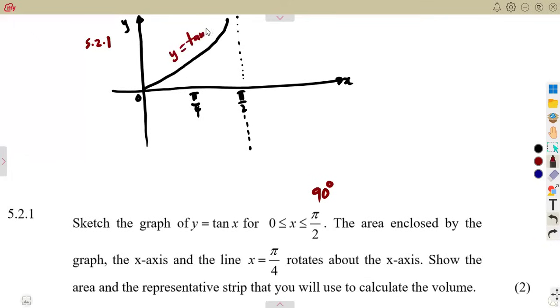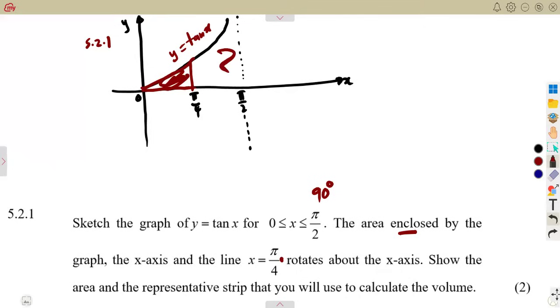Y is equal to the tan of x. And the area is enclosed by the graph, the x-axis, meaning to say the x-axis is part of this, and the line x is equal to pi over 4, meaning x is equal to pi over 4 is involved. So if the area is enclosed, covered by this graph, the x-axis and this line, this is the section that is remaining.